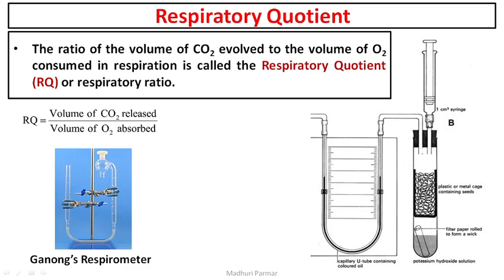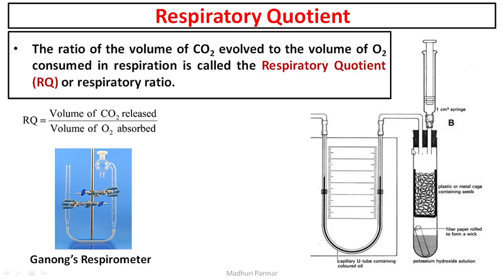Clear? So when these seeds take up oxygen, and of course because they are respiring they will release carbon dioxide. This carbon dioxide gets collected here, okay, because the potassium hydroxide takes up all the carbon dioxide.